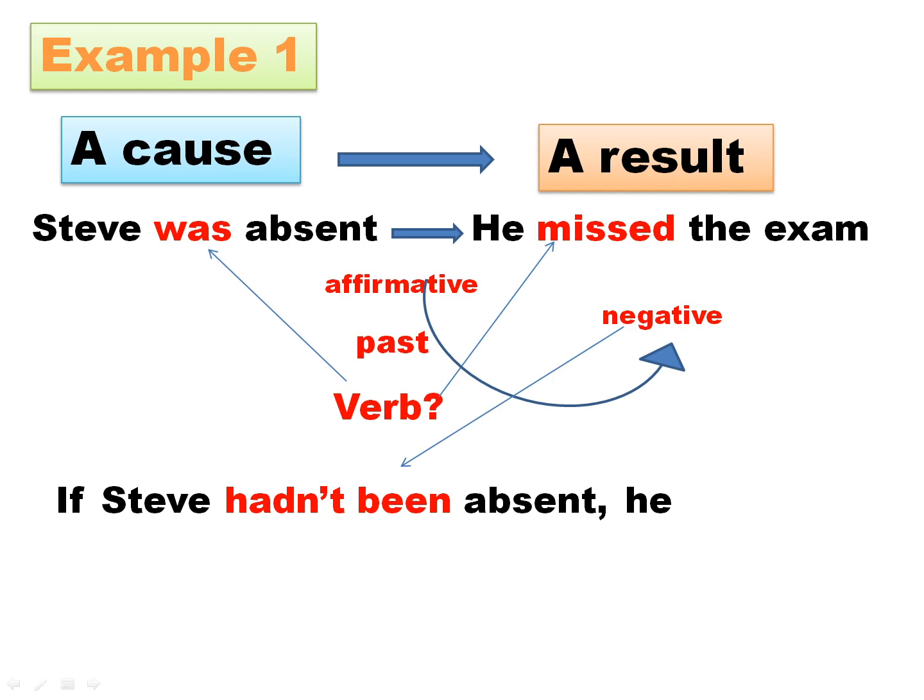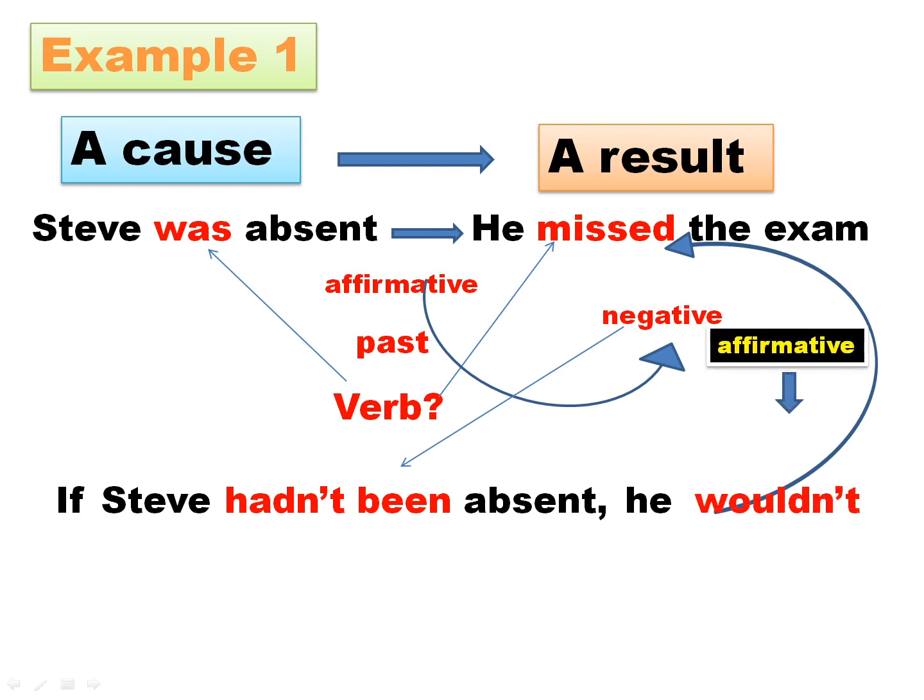Then we have missed. The verb miss here is affirmative, so I need to use it negative. The negative form here is wouldn't have plus the past participle of the verb miss, which is missed. Okay, so finish my sentence: he wouldn't have missed the exam. That's it.